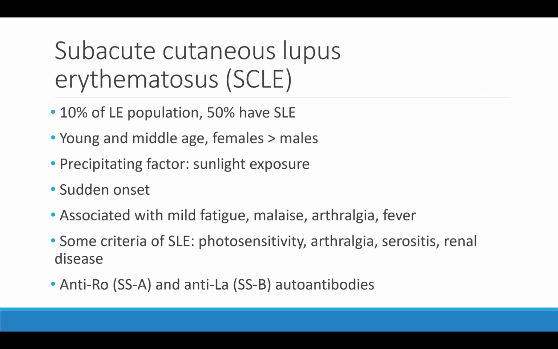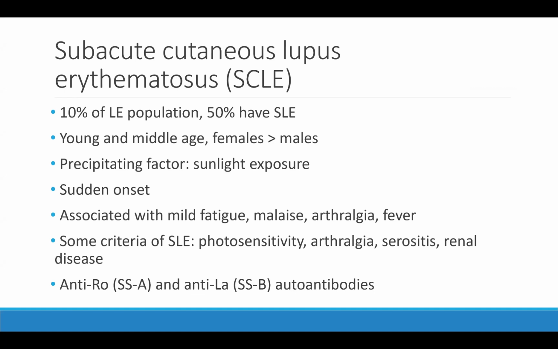We now move on to subacute cutaneous lupus erythematosus, SCLE. This affects 10% of the LE population, and 50% of these patients have SLE. It is more common in young and middle-aged patients, females more than males. Precipitating factor is often sunlight exposure.